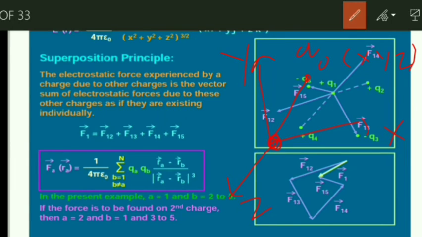And here was that positive charge whose field is to be determined. And this distance can be represented by vector r.